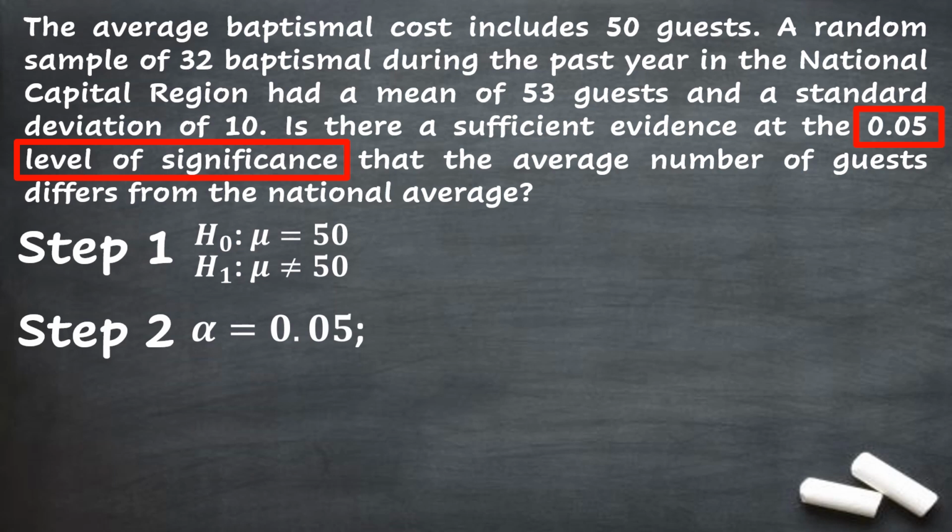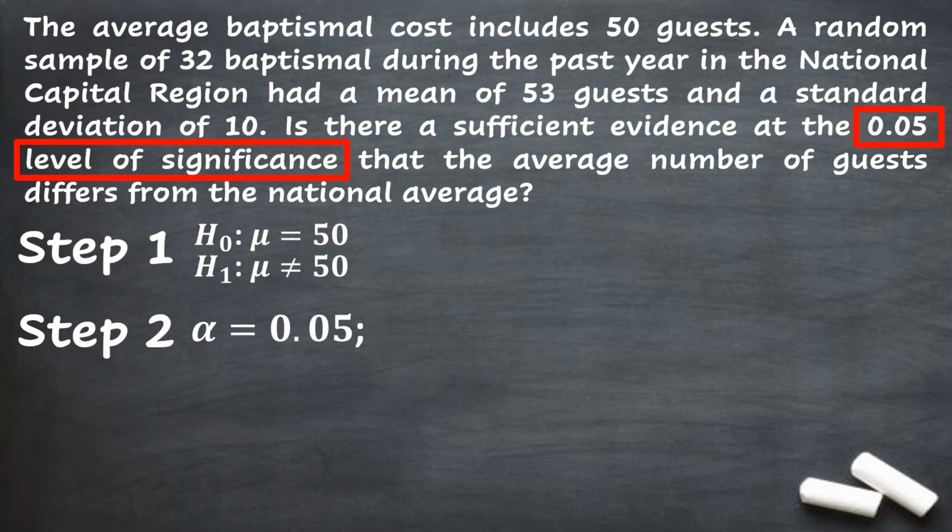Next is to identify if this is under one-tailed test or two-tailed test. So we just have to go back to the alternative hypothesis and check what mathematical symbol did we use. So in this problem, we use a not equal symbol or unequal symbol.